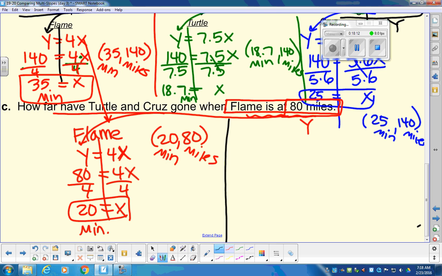Okay, we've not really answered any question. All that we know so far is that Flame has this data point of 20, 80. x, y. Minutes, miles. It's asking you, how far have Turtle and Cruise gone when Flame is at 80 miles?